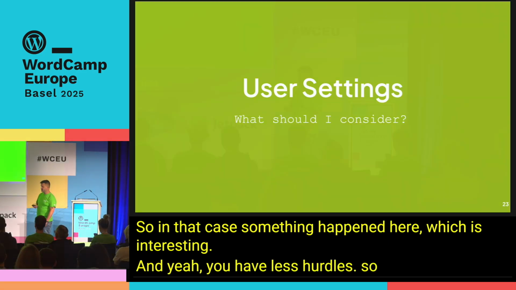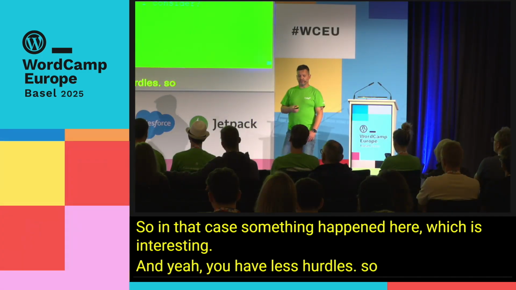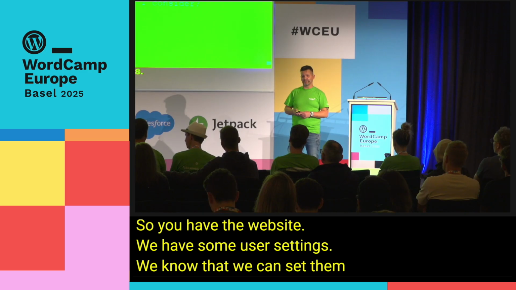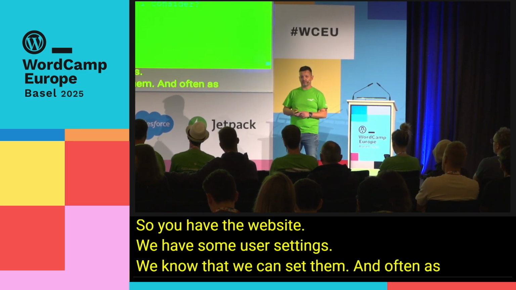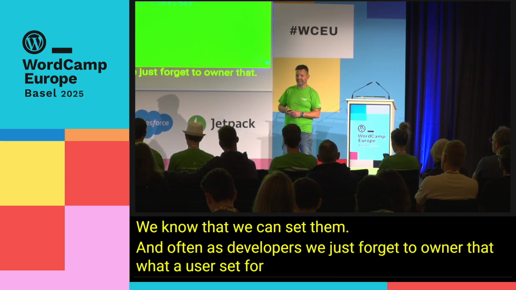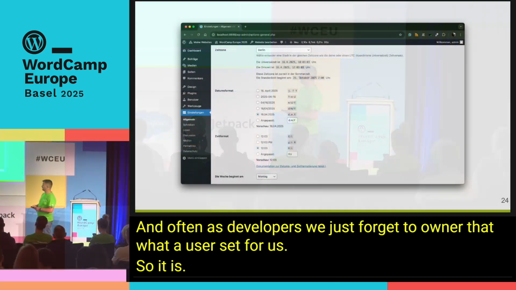So we have the website, we have some user settings. We know that we can set them, and often as developers we just forget to honor what a user set for us. It is what you can see here, for example.